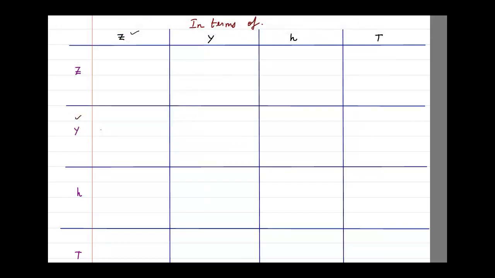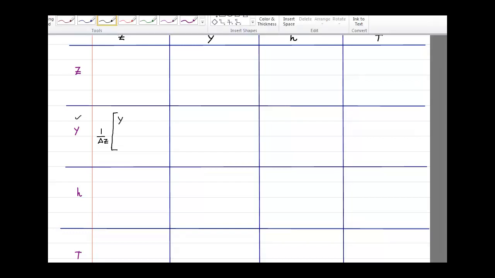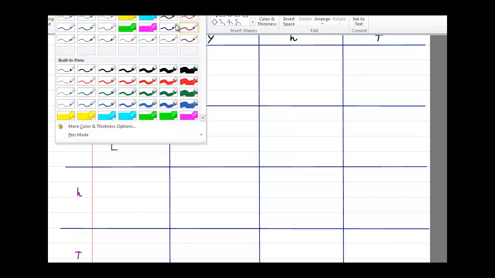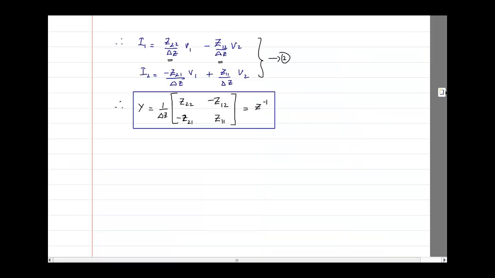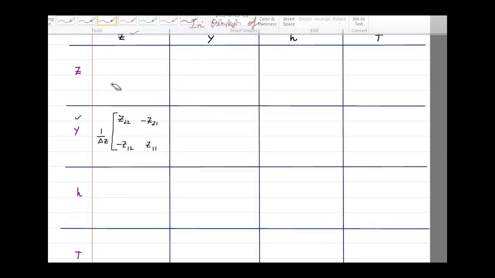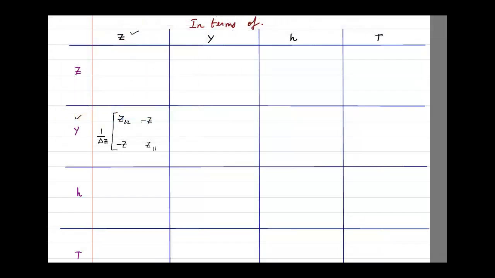It's going to be 1 divided by delta z, and here it was z22, and this was z11, this was minus z12 and minus z21.